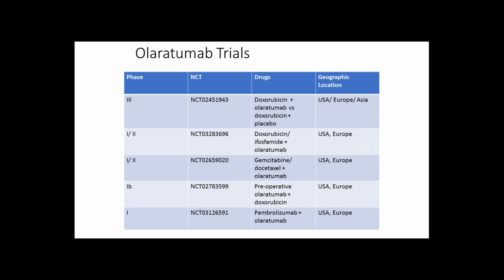In various sites in Europe and the United States, there's a phase 1, phase 2 trial of doxorubicin, ifosfamide plus olaratumab. Again, this is a very important trial to document the safety of olaratumab with the combination of doxorubicin and ifosfamide.